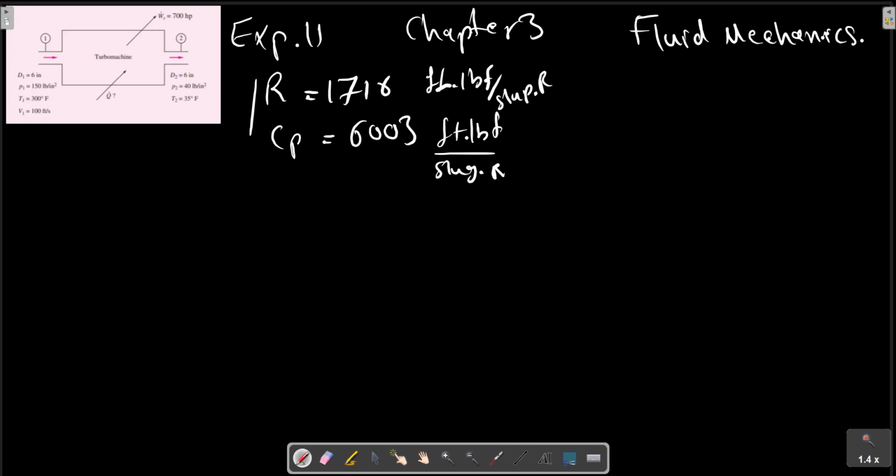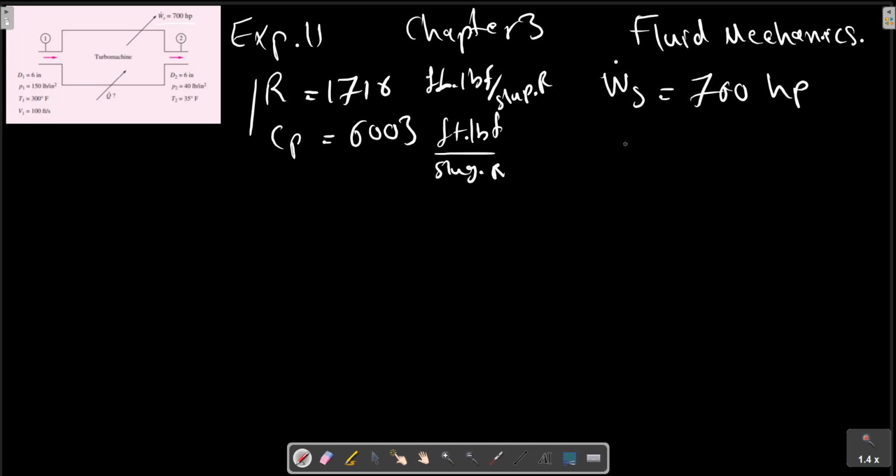Shown in this picture, a flow goes through a turbine that produces 700 horsepower, as shown here. So we can write W_s equals 700 horsepower, and the inlet and exit conditions are also shown.